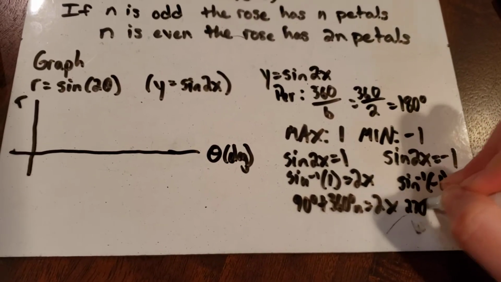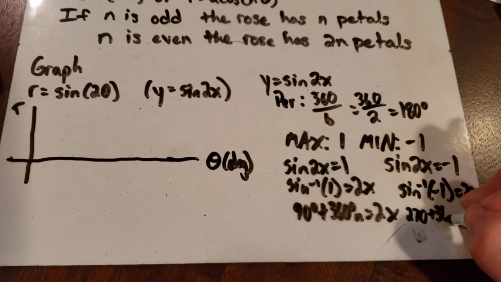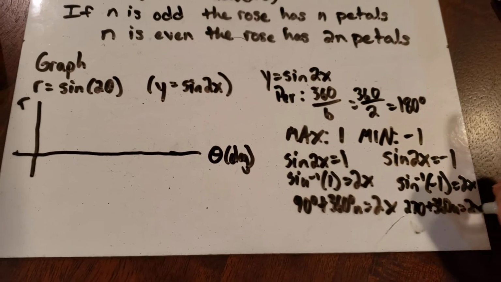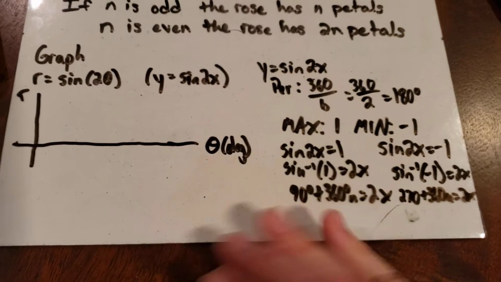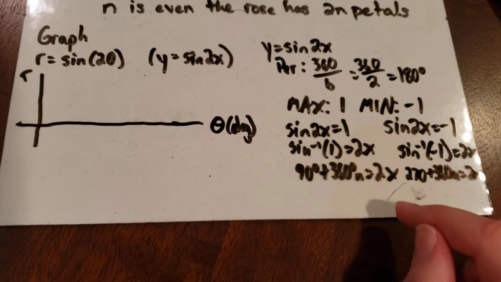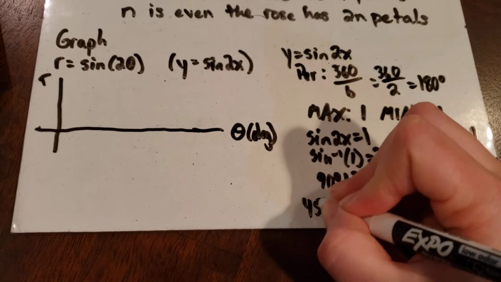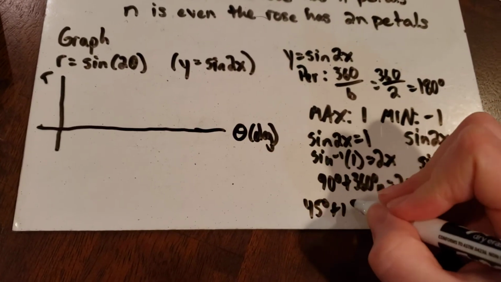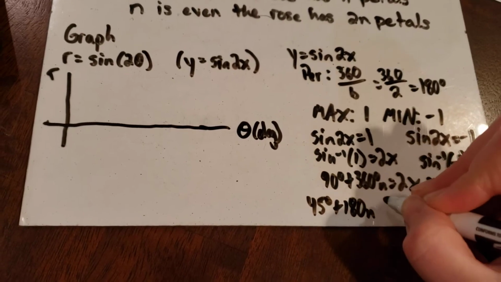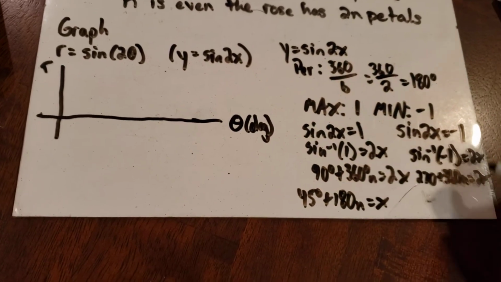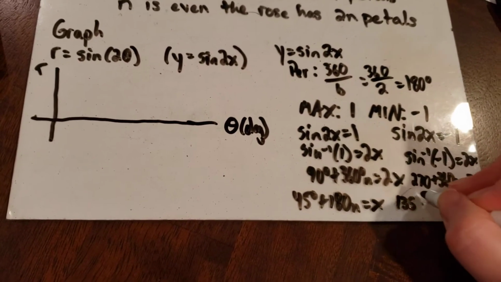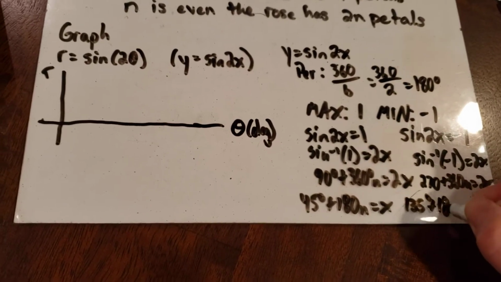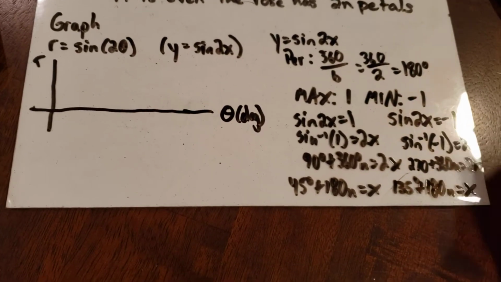Okay, and so now we have to divide by 2, so that's going to give us 45 plus 180n equals x, and divide by 2, 135 degrees plus 180 degrees n equals x.